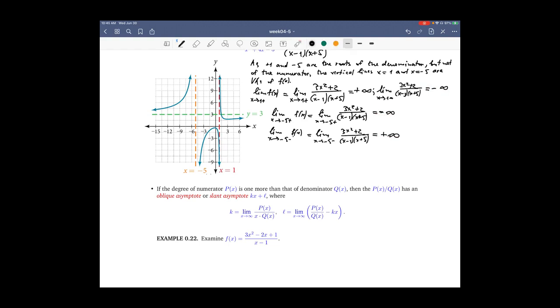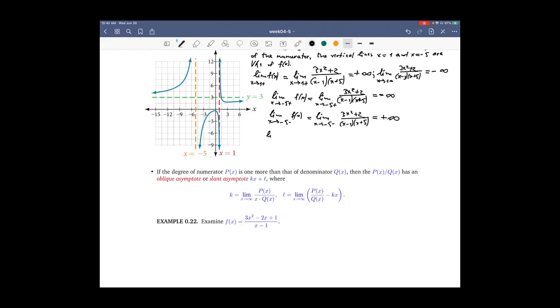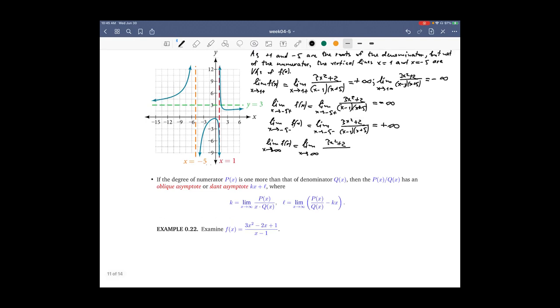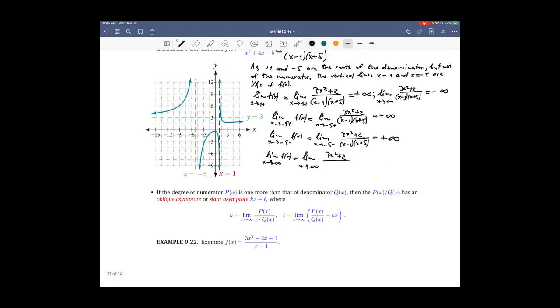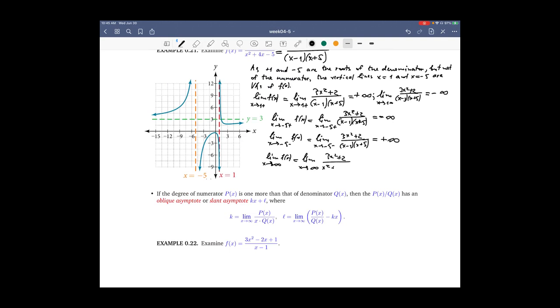Finally, let's compute the limit at infinity. Now it's easier if we look at the non-factored form, x squared plus 4x minus 5. We see that the degree of the top equals the degree of the bottom. Both are of degree 2.